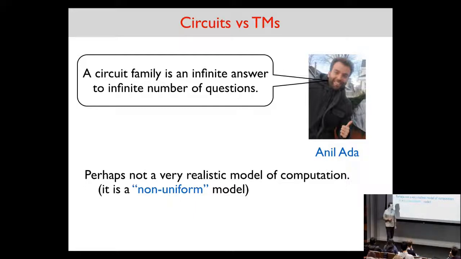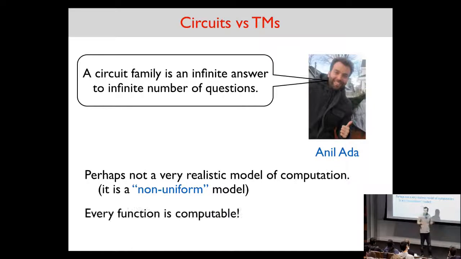It is what we call a non-uniform model. The technical definition is not very important, but you might hear it. It's non-uniform in the sense that you need a different circuit for each input length, and these circuits don't have to be related to each other. They don't have to look the same or similar.